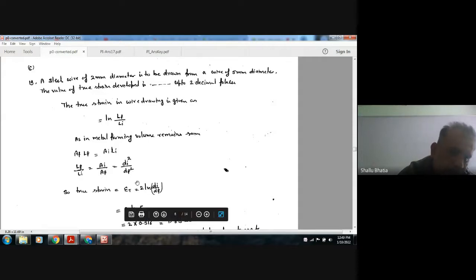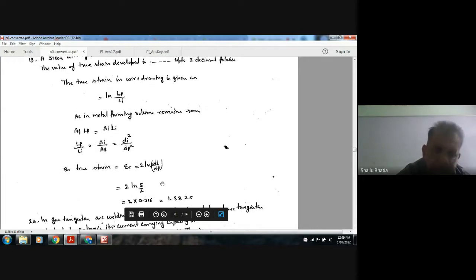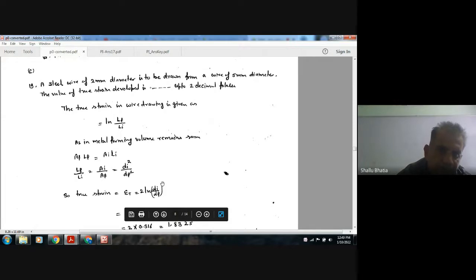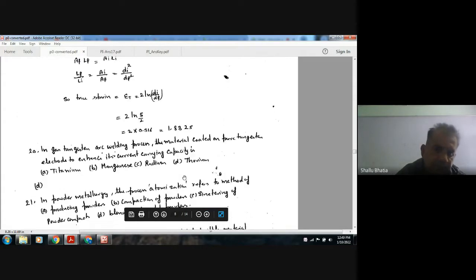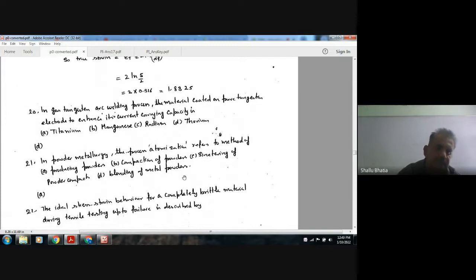So 2 will come here. So it will be 2 ln DI by DF, where DI is 5 mm and DF is 2 mm. Putting in the values, the answer is 1.8325. This is the value of true strain.